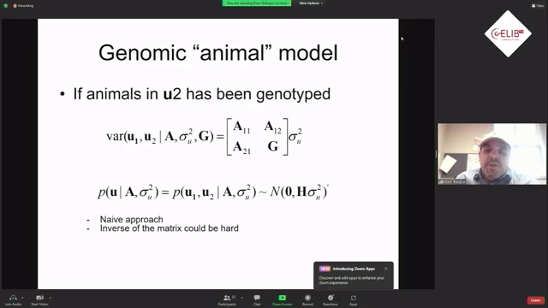So it is always going to be A12 and A21. The only information you have to assess the covariance between genotyped and non-genotyped animals is the pedigree. For the non-genotyped animals, the only way to compute relationships between them is through the pedigree.